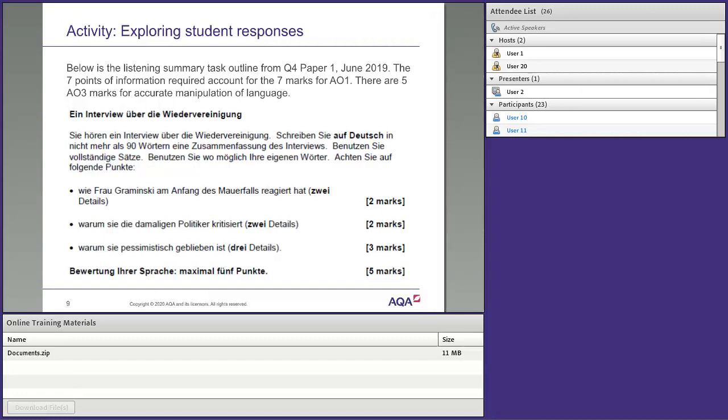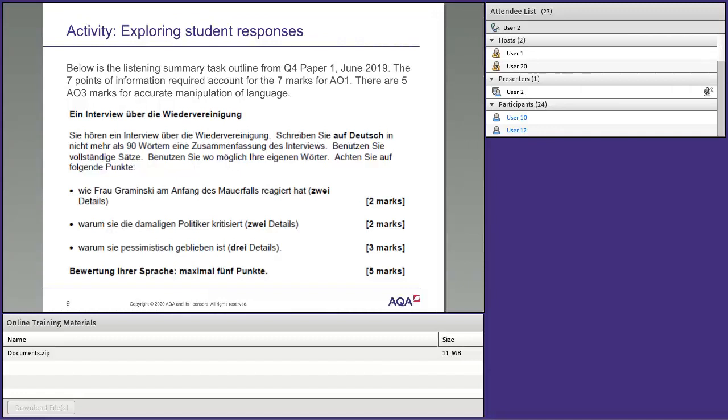You'll see written in bold at the end of each bullet point is the number of details the candidate has to give, and that corresponds to the number of marks that can be awarded. And it's worthwhile pointing that out. On occasions there will be times where there might be 3 details given in the text that the students could include in their summary, but they might only need to give 2.